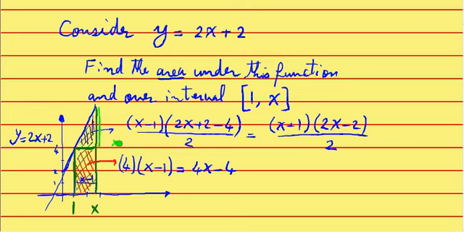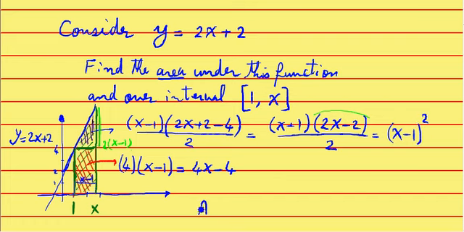Run is x minus 1. Slope is 2. So 2 times x minus 1 will be this. Okay, next let's go ahead and clean this up. The 2 here and the 2 here, I can cancel them out, and I'll have x minus 1 squared.